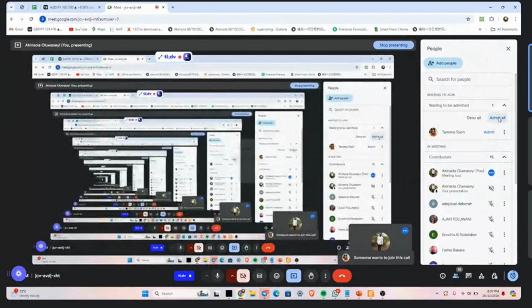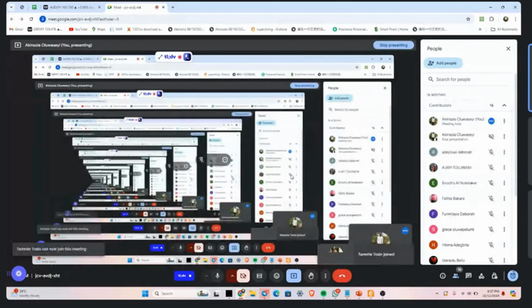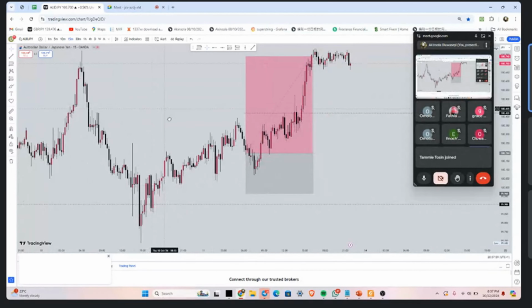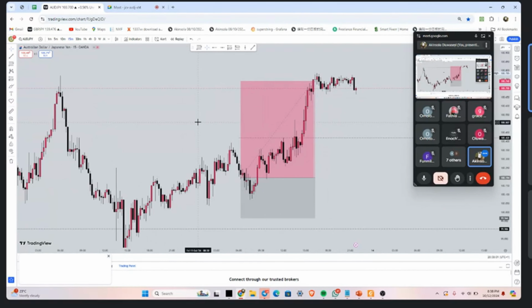The moment you click on it, you are now a trader. But the moment you are still contemplating, you are not yet a trader. I can have my TradingView open and not take any actions. That does not mean I'm a trader already. But the moment I start giving the market what to do for me, and I'm longing EURUSD and I click on the buy icon, that means I'm truly interested in buying EURUSD at that current moment.